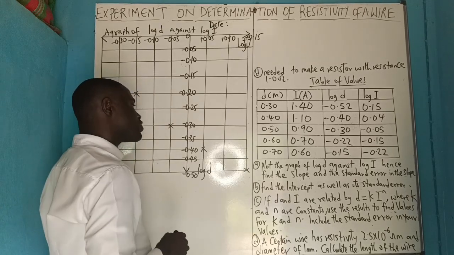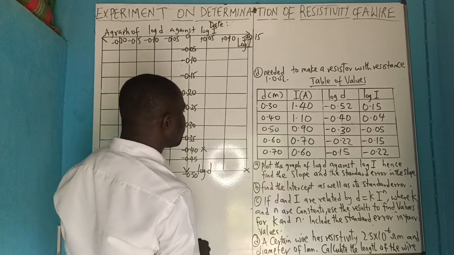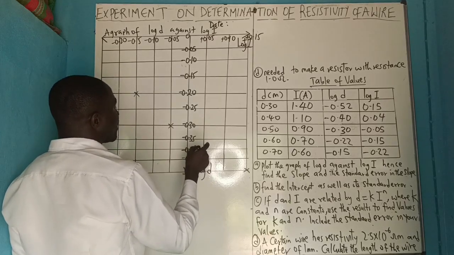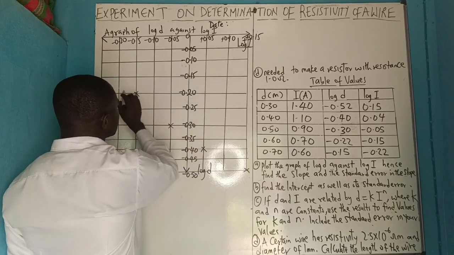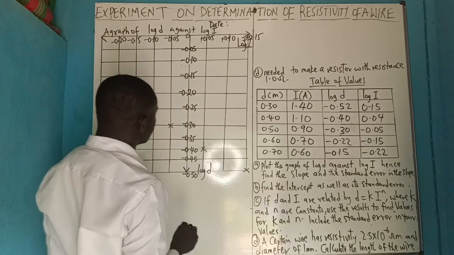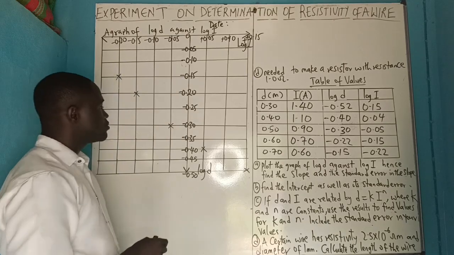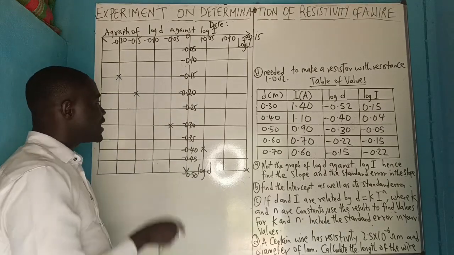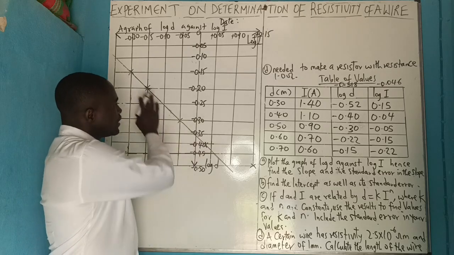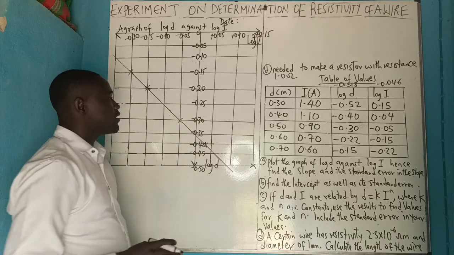Then minus 0.15 against 0.2, minus 0.22. Okay, so we have located our points. Let's get our line of best fit. Wow, so this is the line of best fit of this graph.